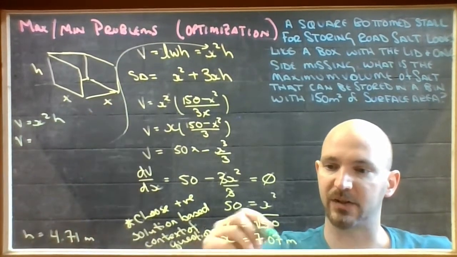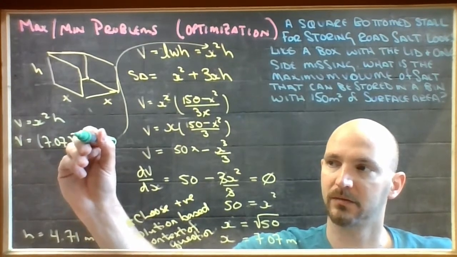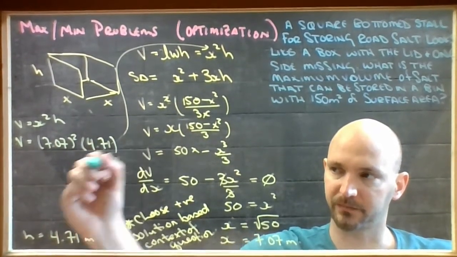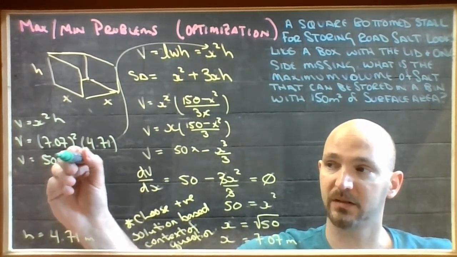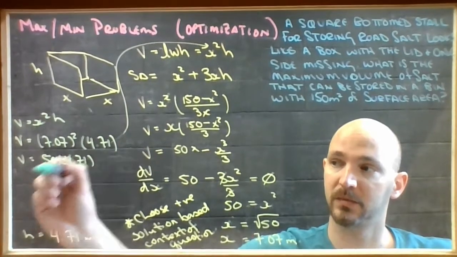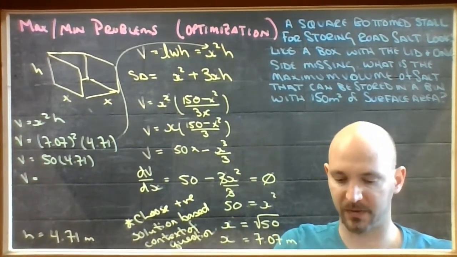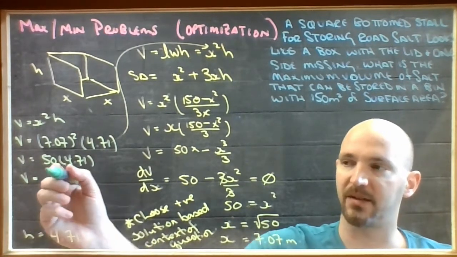My width and length was 7.07. My height is 4.71. 7.07 squared was 50. So if I take that number and multiply it by 4.71, I get 235.70.